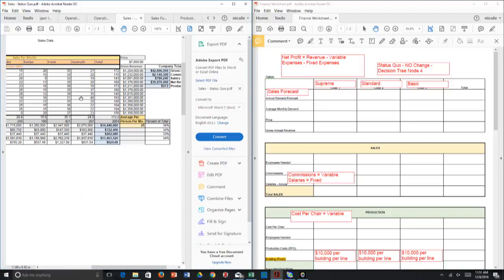We had our current 2015 data. For this one, this is our supreme chair. We had 7 employees that produced an average of 172 chairs sold per month, a total of 2,064 chairs sold per year, and an average of 25 chairs sold per person per month.